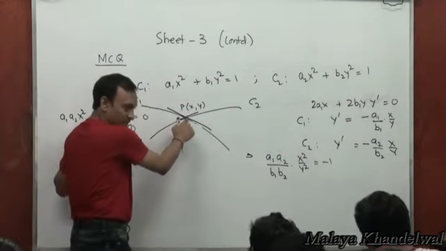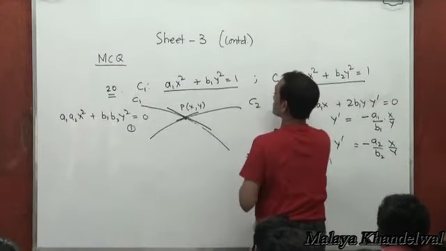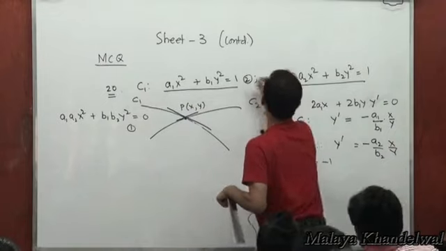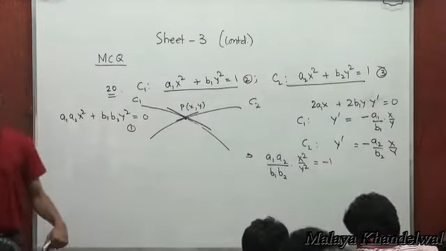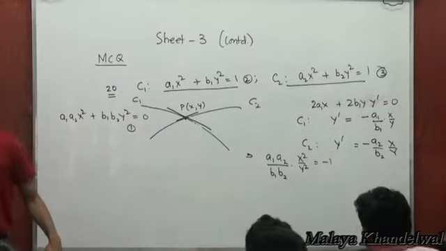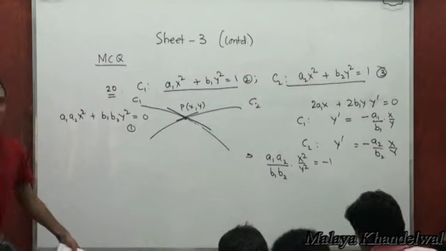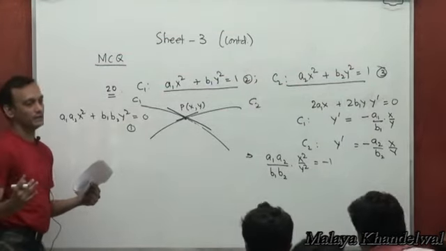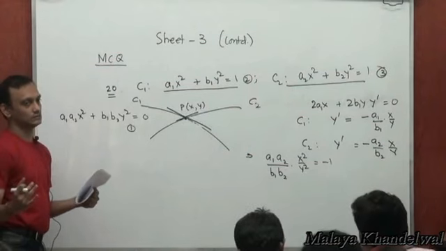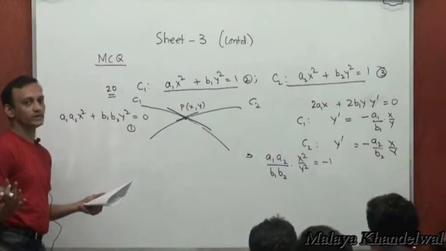This point P satisfies this equation as well as this equation. So it satisfies 1, 2 and 3. All that you need to do here is eliminate x squared and y squared. So from these three equations, how do you eliminate x squared and y squared?